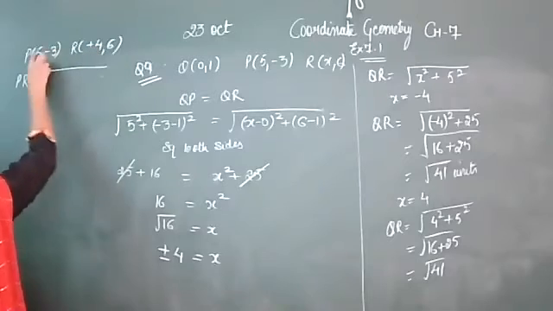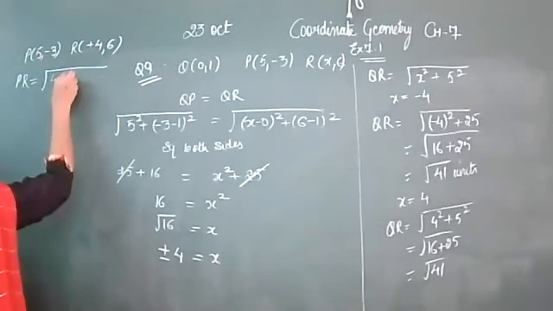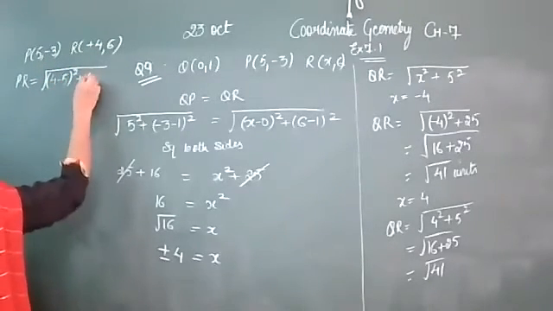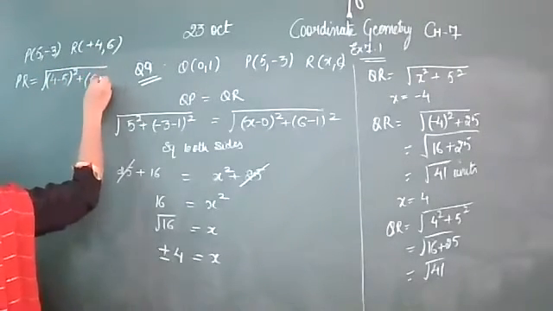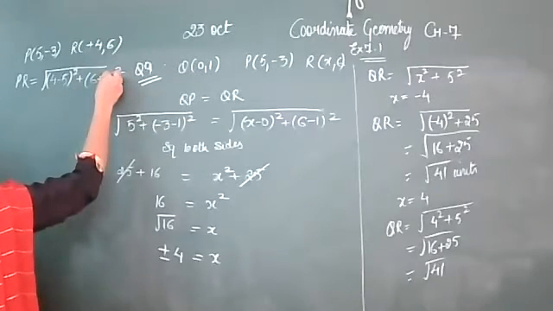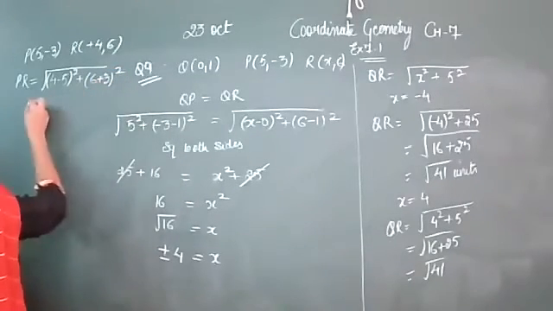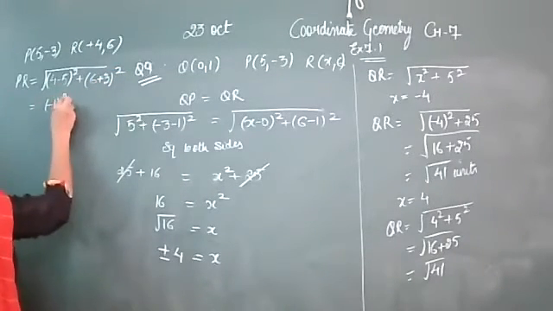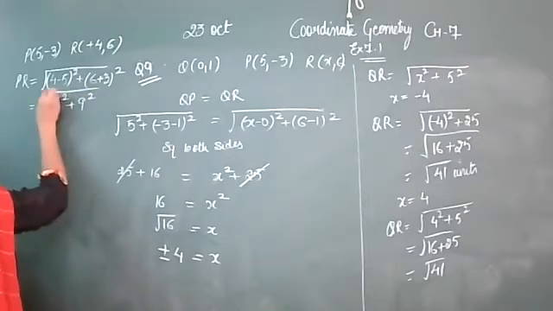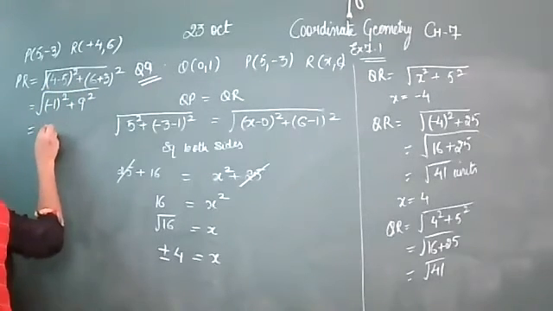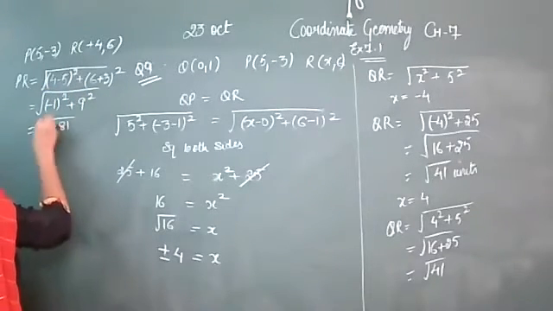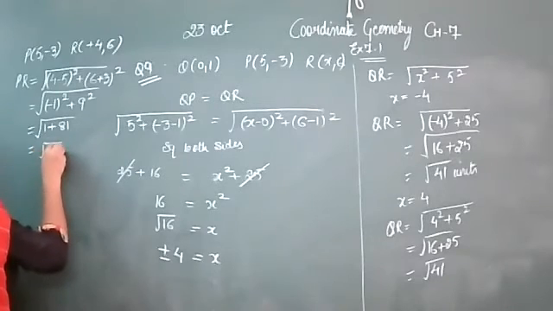So when you take 4 minus 5, but in the beginning keep in mind that you have to write the formula first. Otherwise there will be deduction of marks for the formula. So minus 1 square plus 9 square. This will give you 1 plus 81. That is 82 units.